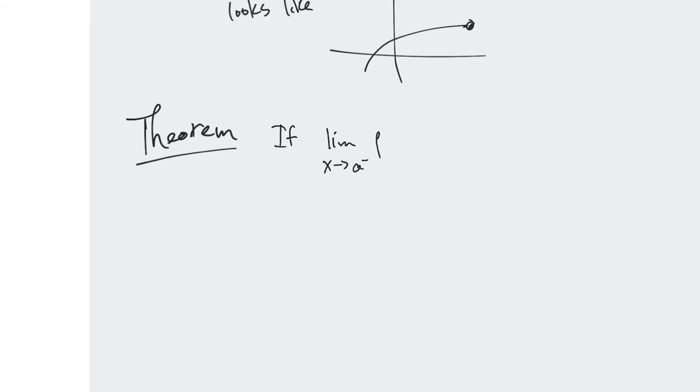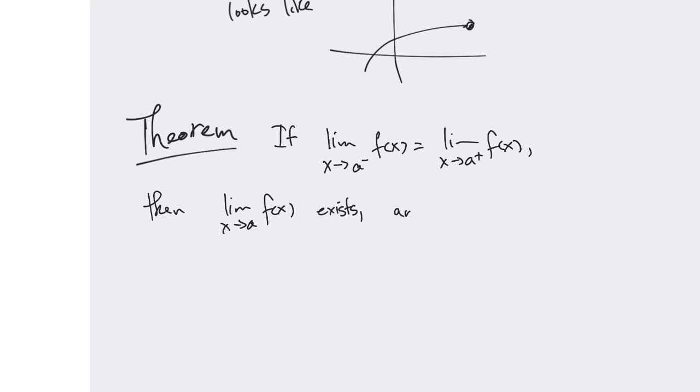If the limit from the left of f of x is equal to the limit from the right of f of x, then the limit, with no side, the two-sided limit, exists, first of all. And what does it equal?